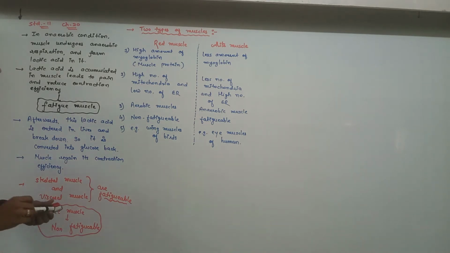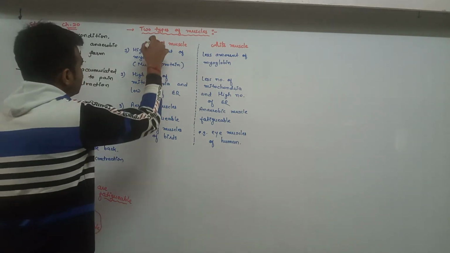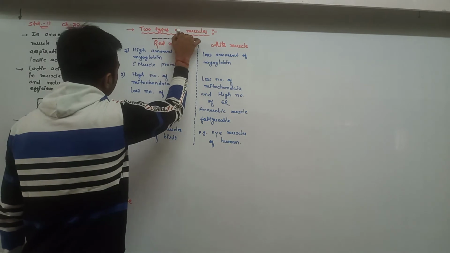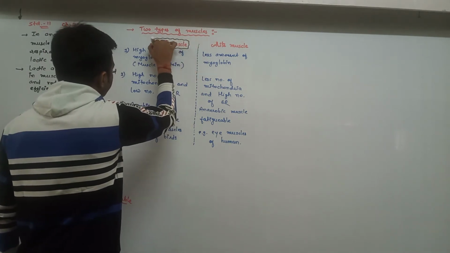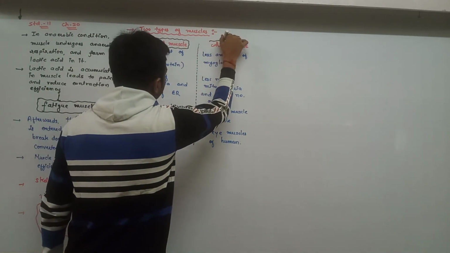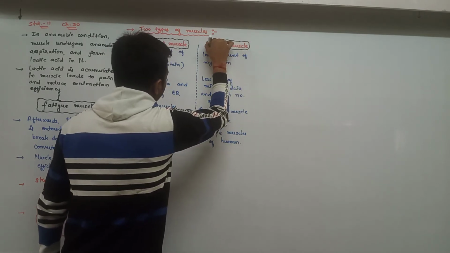So please remember, red muscle has the highest amount of myoglobin, the muscle protein, and white muscle has a low amount of it.